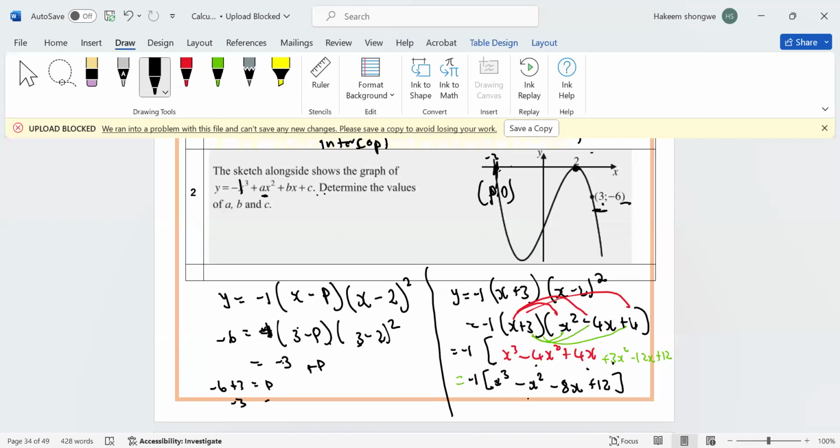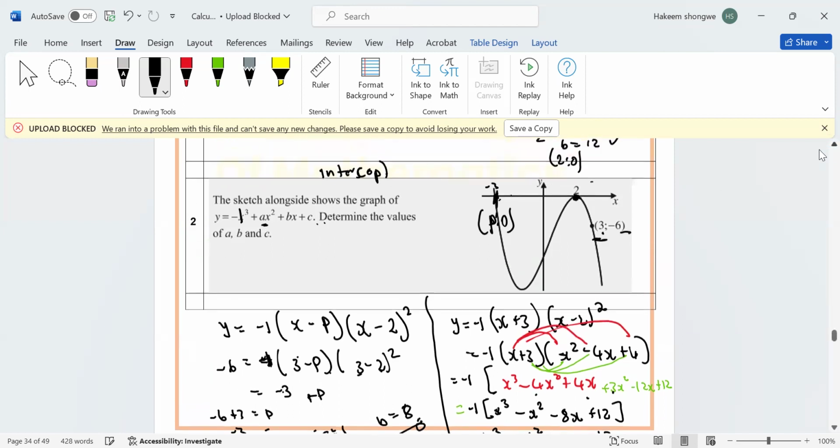Anything which is negative is going to become what? Positive. So we're going to have something like this. Minus x cubed plus x squared plus 8x minus 12. Therefore, our A is going to be 1. Our B is going to be equal to what? To 8.